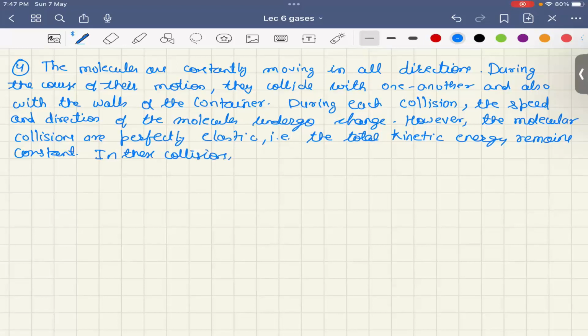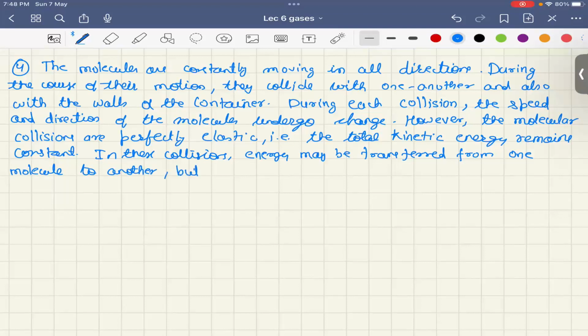In these collisions, energy may be transferred from one molecule to another, right? However, the total kinetic energy remains the same.